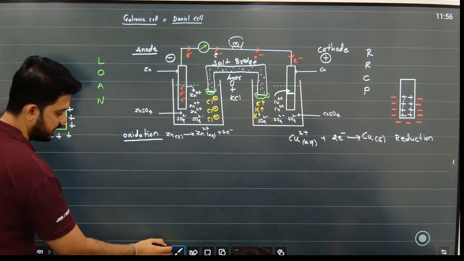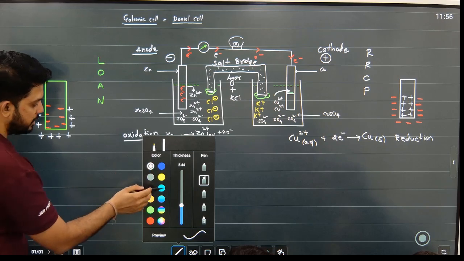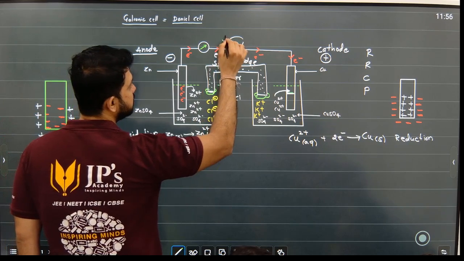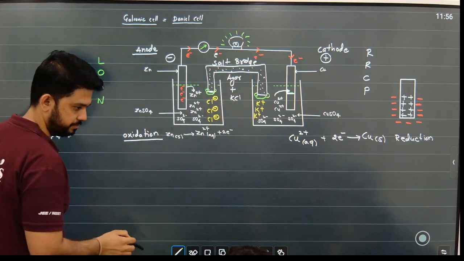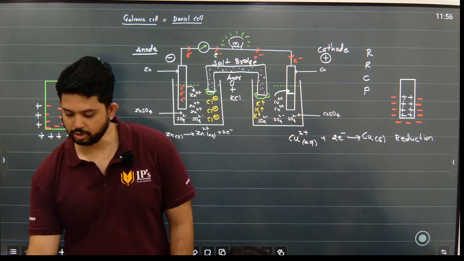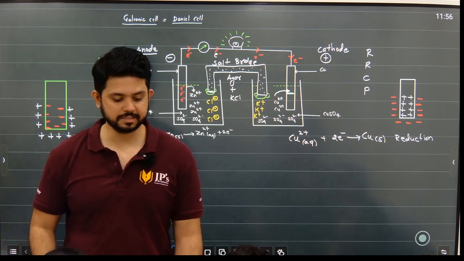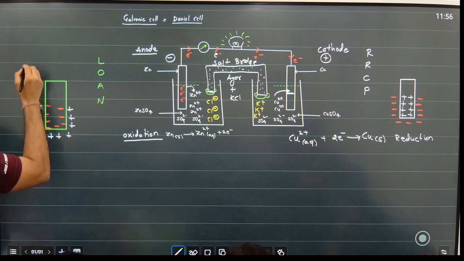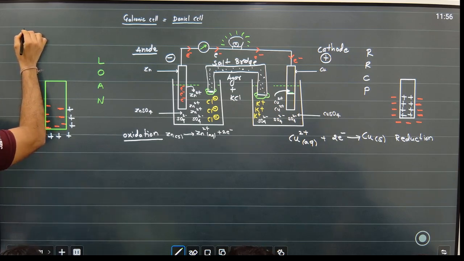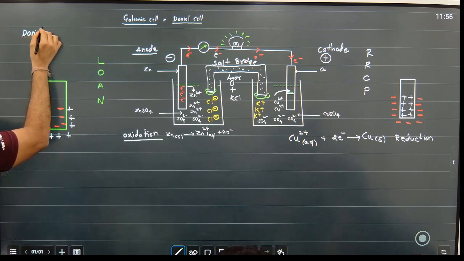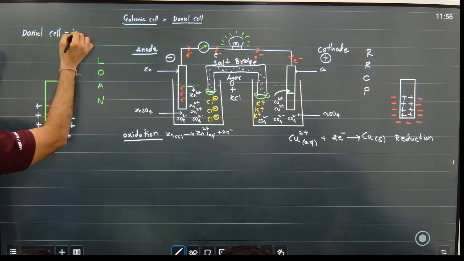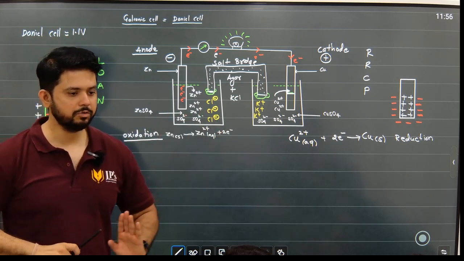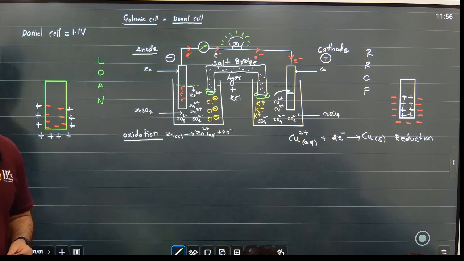And thus electrical neutrality is maintained and the bulb starts. This cell is called a Daniell cell. The Daniell cell produces about 1.1 volt. I repeat, it produces around 1.1 volt.